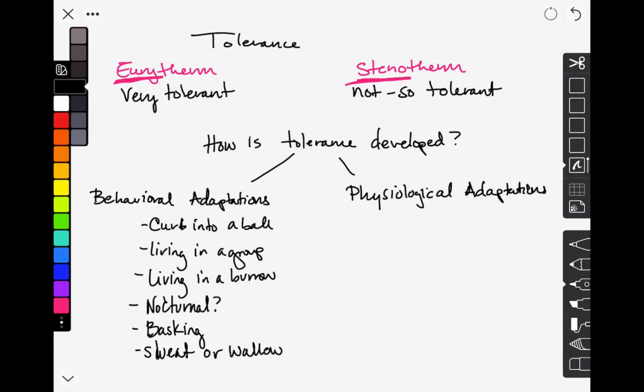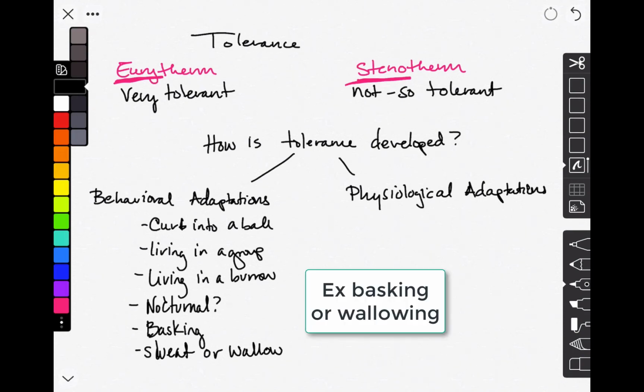So there are a number of behavioral adaptations that are involved in sort of being tolerant of changing physiologic conditions. And some of them are just avoiding that change. And some of them are coming up with alternative ways to change your body temperature. Now, when we look at the physiologic adaptations, these are really interesting.